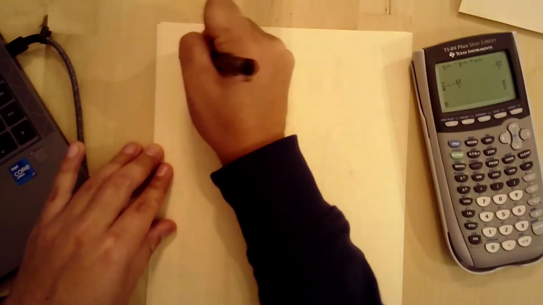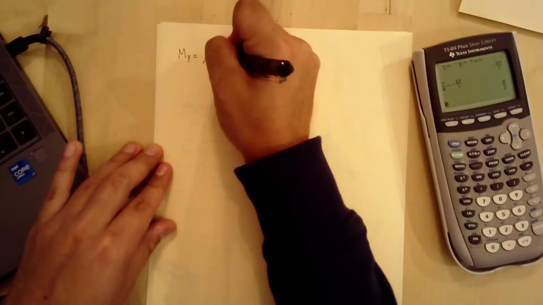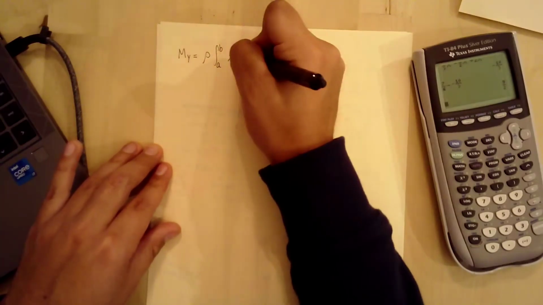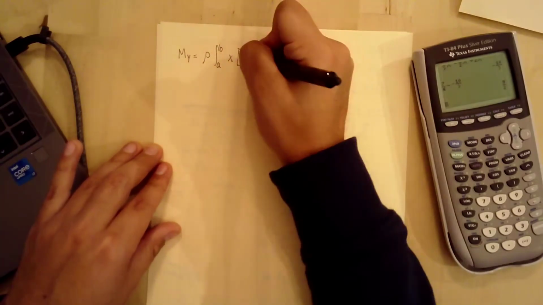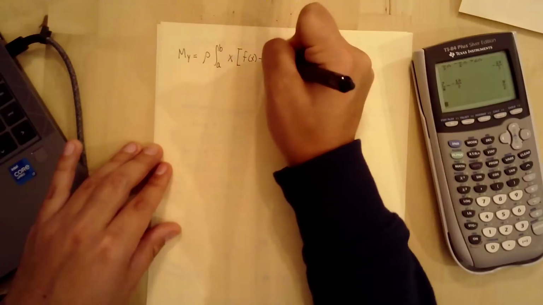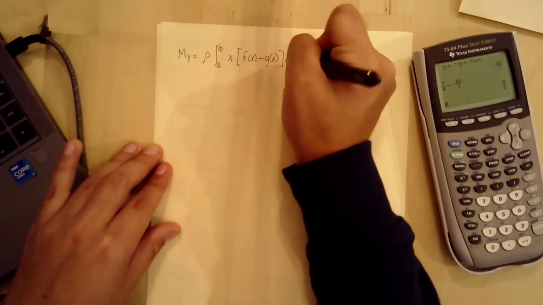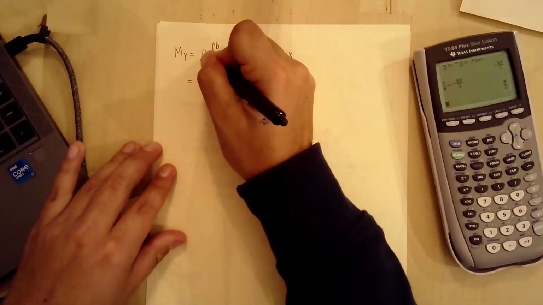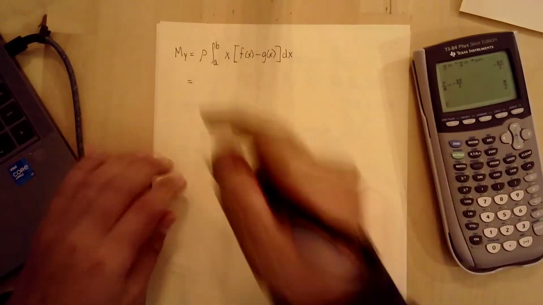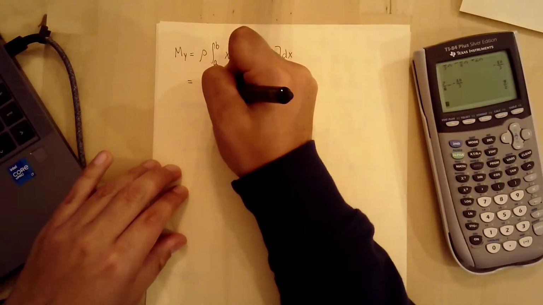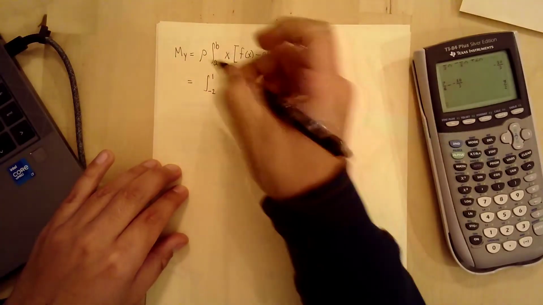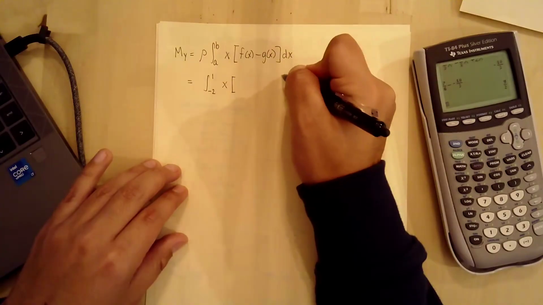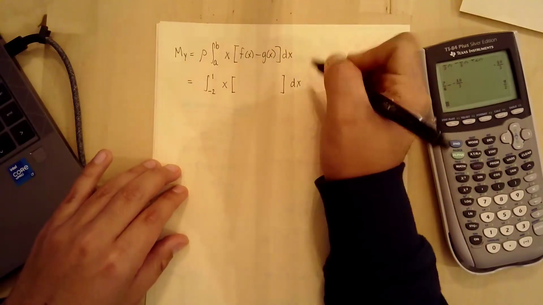The moment about the y-axis is equal to rho times the integral from a to b of x times the area, which is f of x minus g of x dx. But remember, because this rho is going to cancel out, I'm going to drop it out of the integral. We're just integrating from -2 to +1 of x times f minus g, whatever that function was, dx.